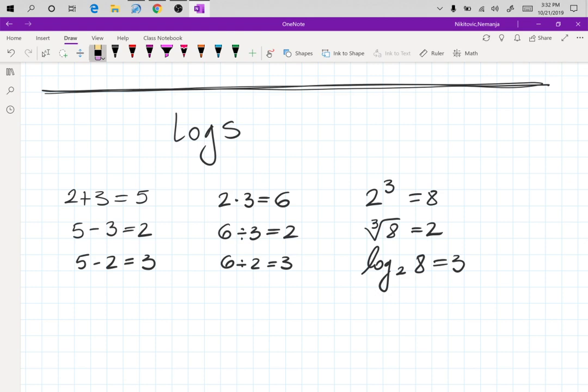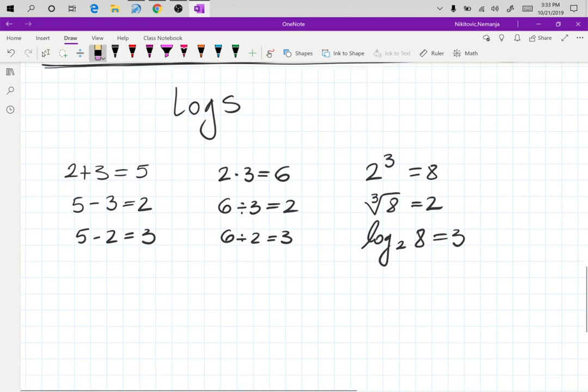And you can now see logs as arithmetic, not functions. Everything that you see here is just calculation. There are no functions on this page yet.